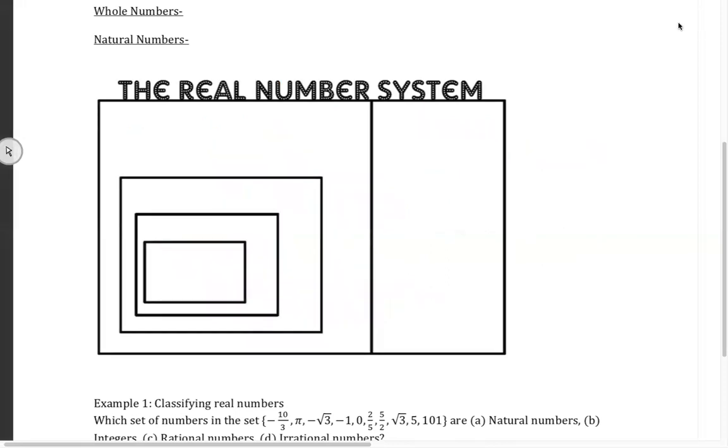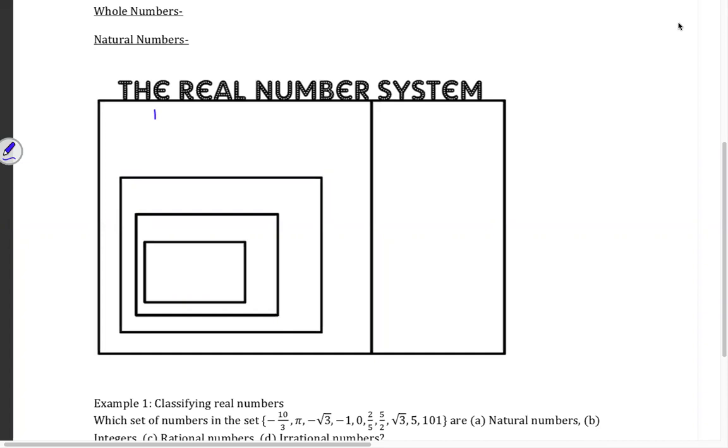All right, so this diagram right here is talking about the real number system. So any number you can think of would end up being in this box. And now the box is divided into kind of like two sections. They're really supposed to be the same size, but they're not, because I need more space on the left.